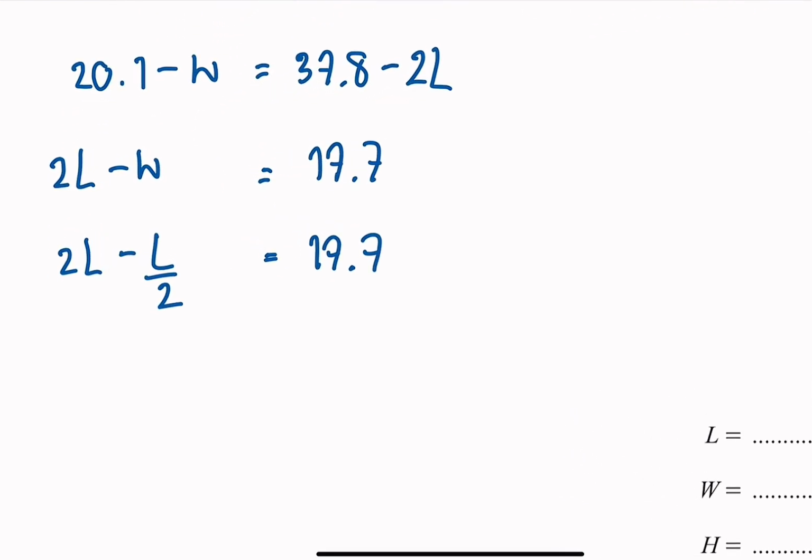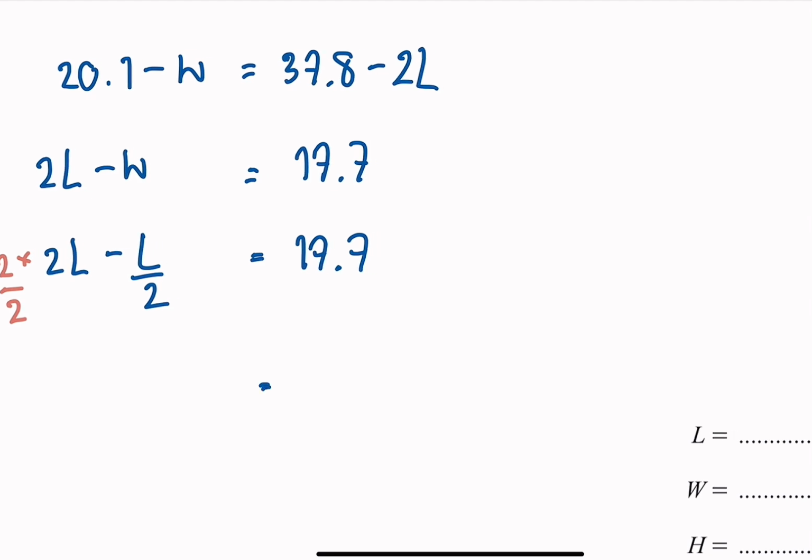And then I multiply 2 over 2 into 2L, and I will get 4L minus L over 2 equals 17.7.